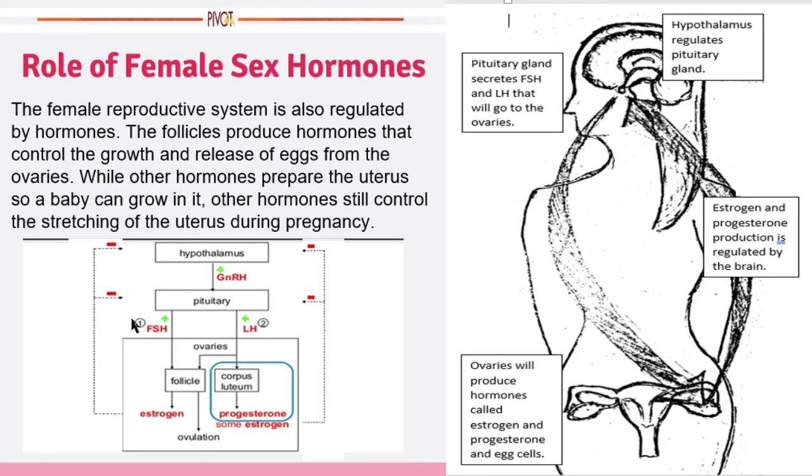So as you can see, we have one and then we have two. This means that FSH and LH are not produced simultaneously. The first hormone being produced is the FSH, and it will go to the follicle inside the ovary, and then it will produce estrogen.